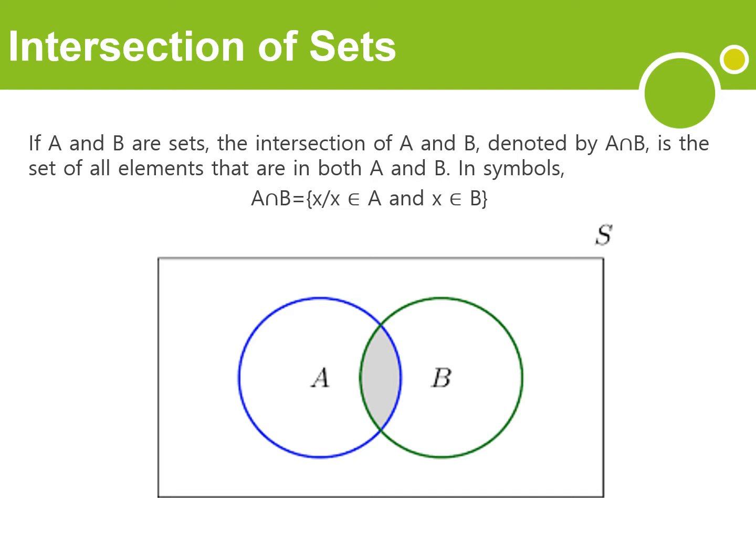So, meaning, intersection is the point where the two sets meet. In Venn diagram representation, this is how it looks. Look at the shaded area. It is the overlapping portion or section of the two circles. So that represents the common elements between A and B.